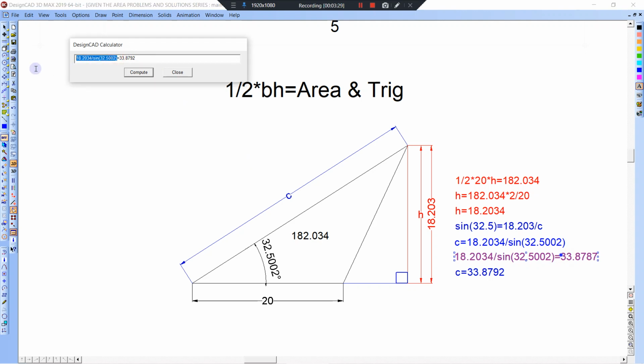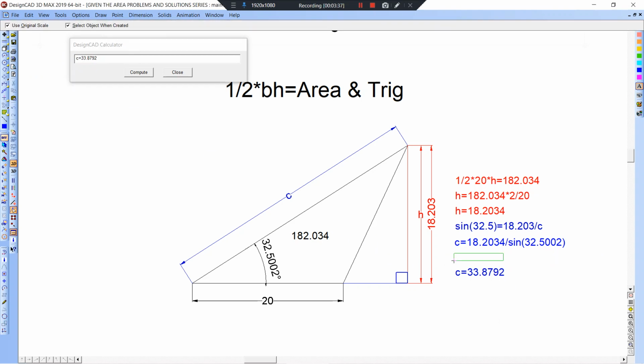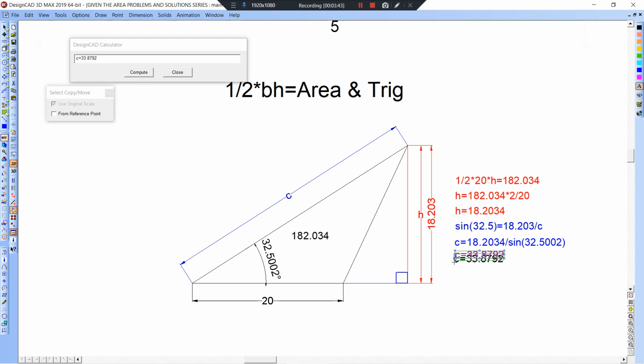We should just say C is equal to, right? Just like that. Enter. All right, so that's how you solve for that.